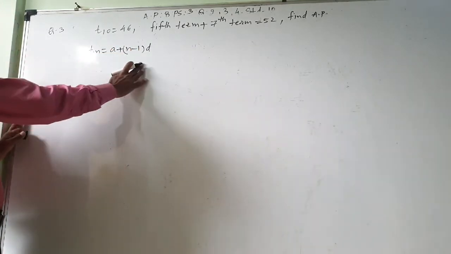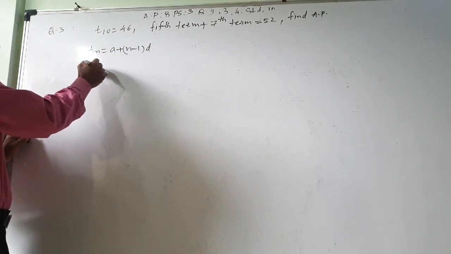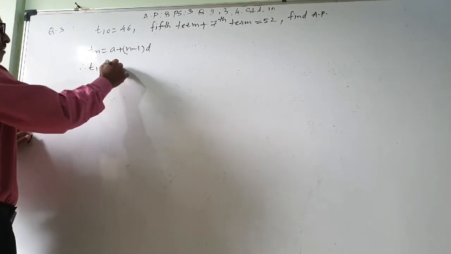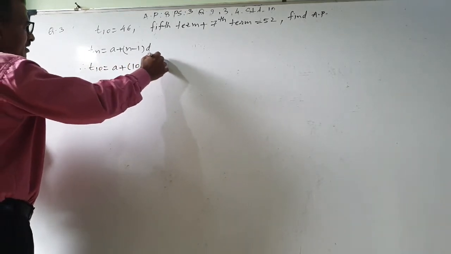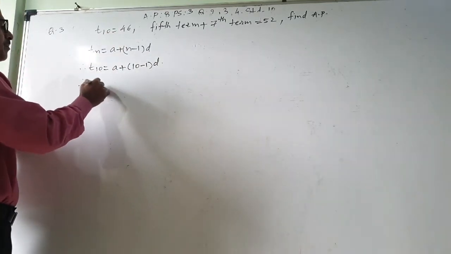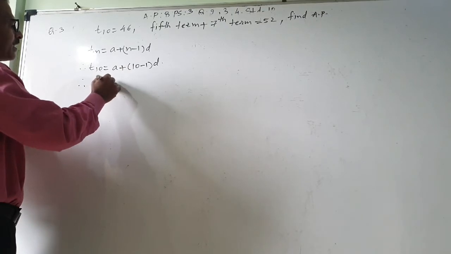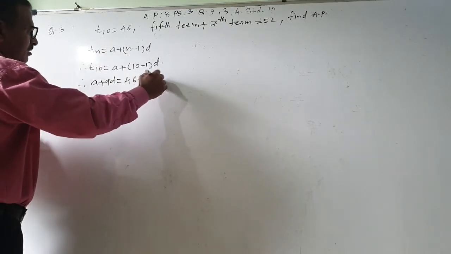Therefore Tn is equal to a plus n minus 1 into d. So here T10 equal to a plus 10 minus 1 into d. But this T10 is 46. So a plus 9d is equal to 46. This is number 1.